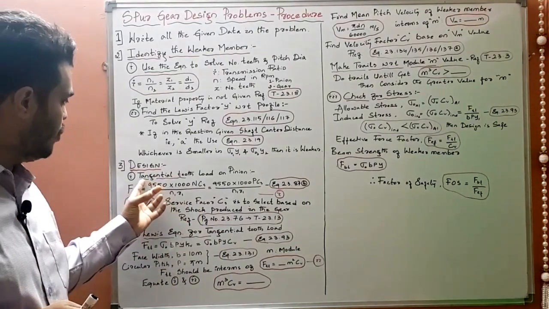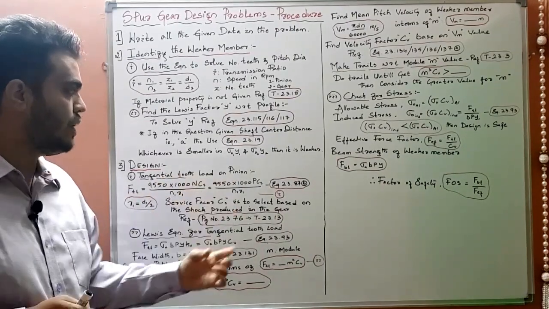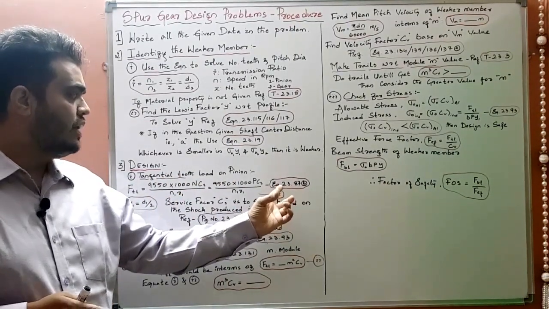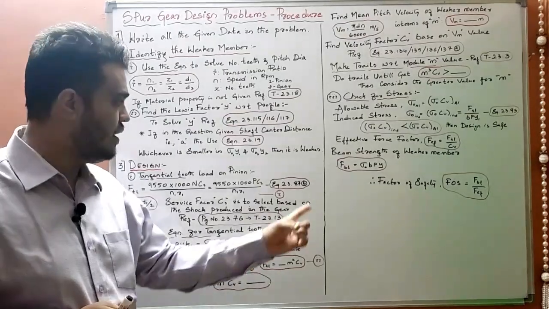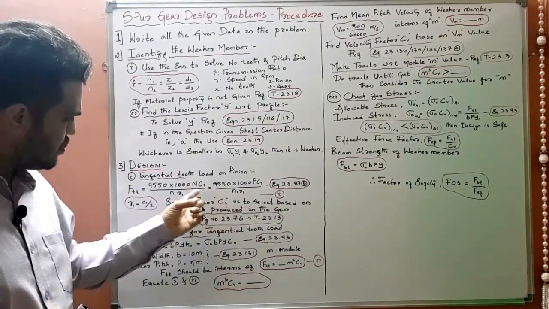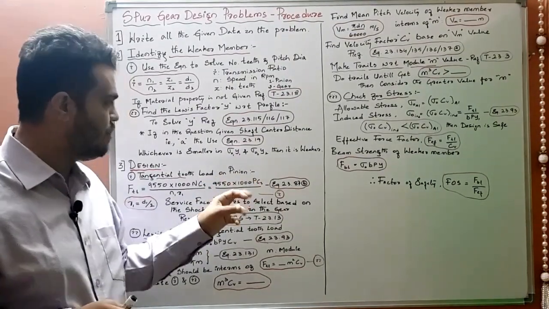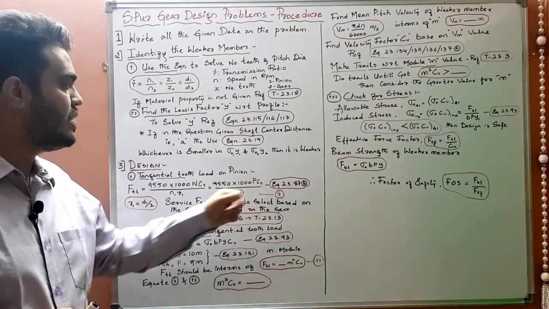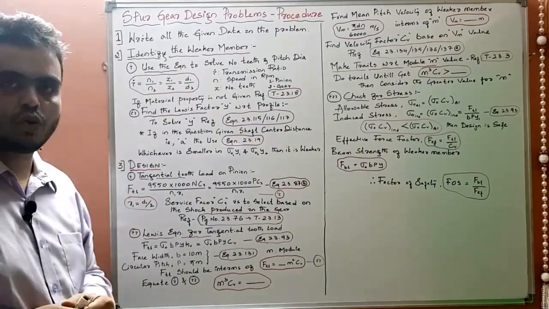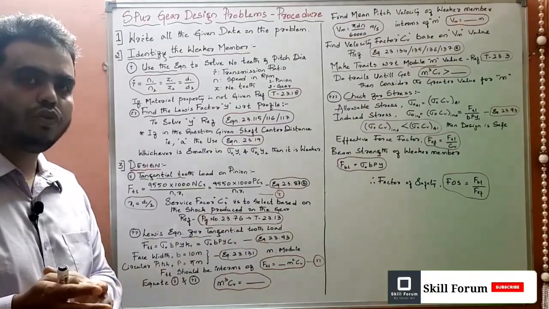If you want to find the tangential tooth load on pinion, you have equation 23.87b. Use this equation, and once you get the equation, analyze each parameter. Here P is the power given in the question. CS is the service factor. How do you get that?